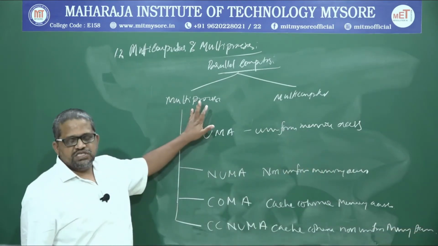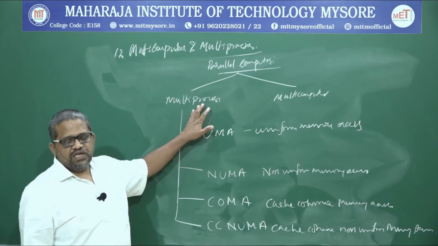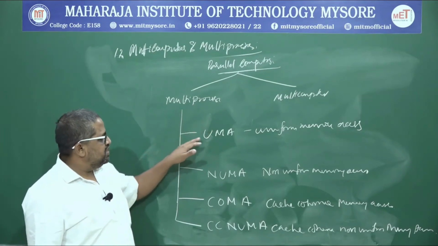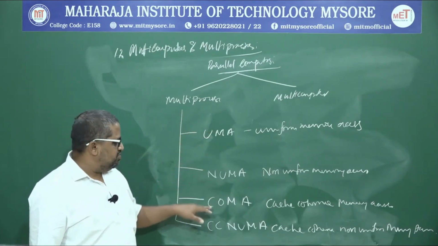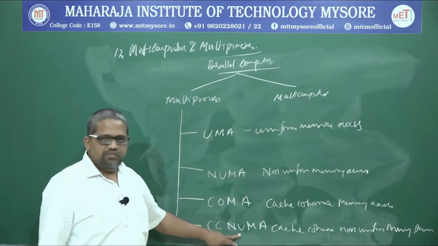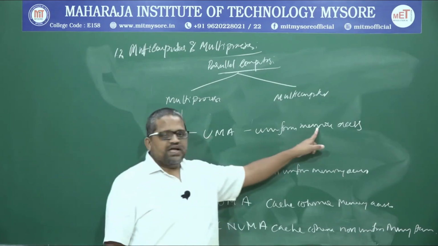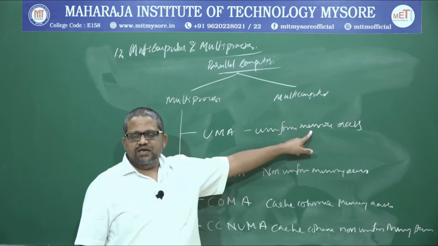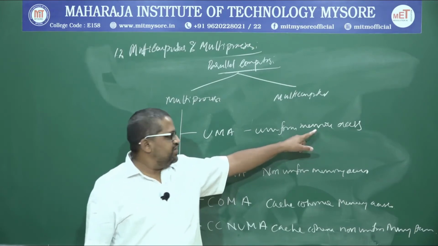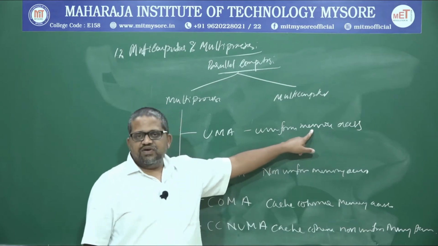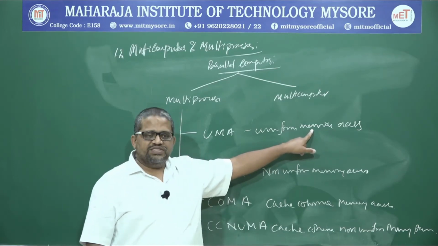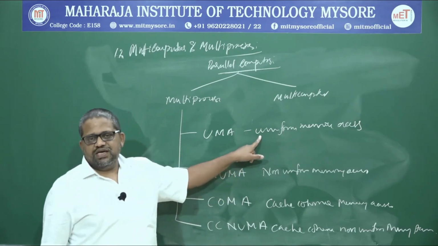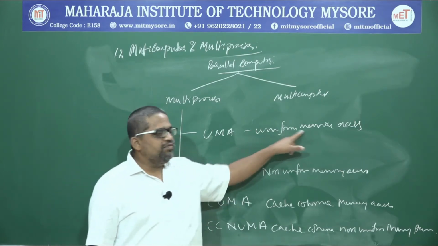This concerns how multiprocessors communicate with the memory, because the memory is shared. The way you are accessing the memory is going to be UMA, NUMA, COMA or CCNUMA. If every processor is given an equal access, or I would say a uniform access to the memory, then equal access is nothing but uniform memory access.